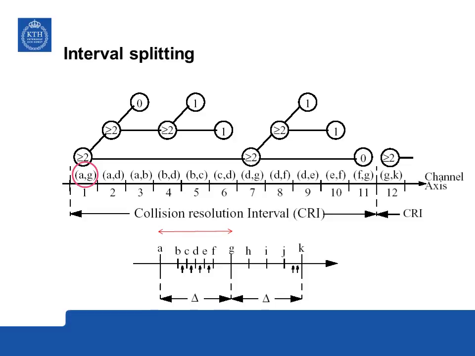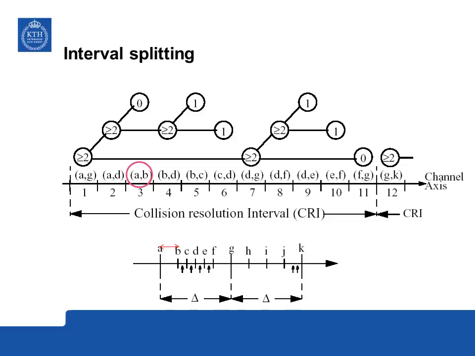So what we do now is that we split the interval in half, and we let all the stations with packets arriving in interval A to D transmit in the first half of the interval, in slot number 2. And we have another collision, so we have to split that interval again, and now we transmit over interval A to B. And in this case, there is no successful transmission at all.